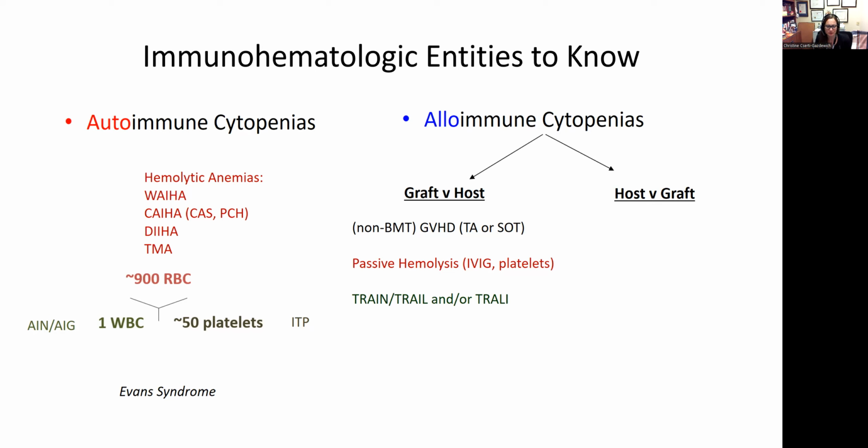So we're used to seeing graft versus host disease after BMT, and the bone marrow itself is usually healthy because the passenger lymphocytes causing graft versus host disease cruised in on the stem cells that were meant to repopulate the marrow. So I'm not talking about BMT GVHD, but I'm talking about incidental GVHD that occurs after a red cell or a platelet transfusion, a transfusion-associated GVHD, or a solid organ transplant-associated GVHD.